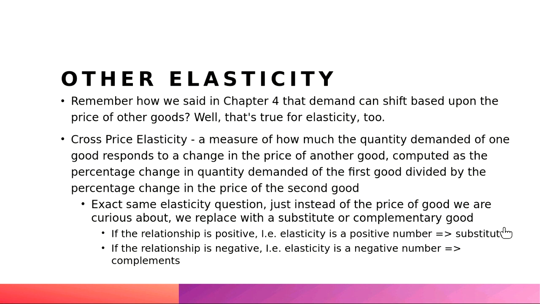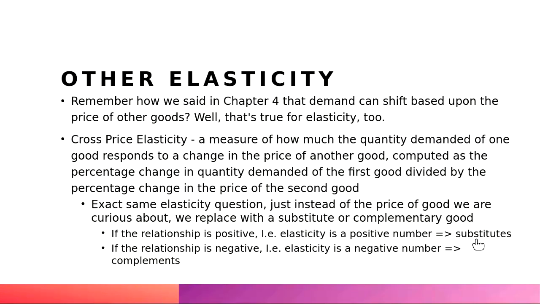The cross-price elasticity is if we put, instead of the price of Coca-Cola, the price of Pepsi as our other good. The math is still the same. We're still interested in the quantity demanded of Coca-Cola. The only difference is we're now looking at how much it changes based upon the change in the price of Pepsi.